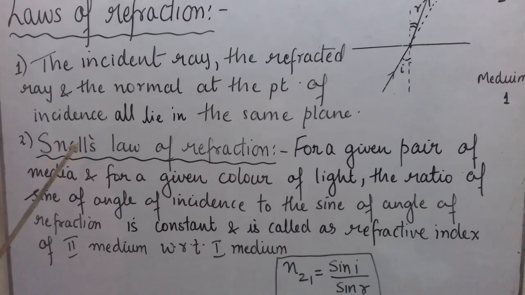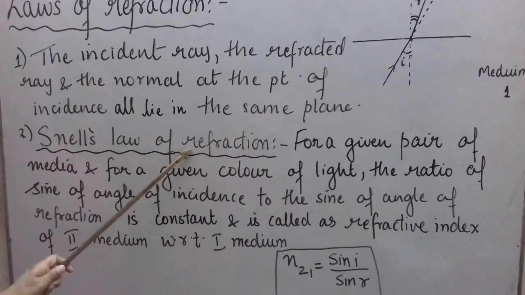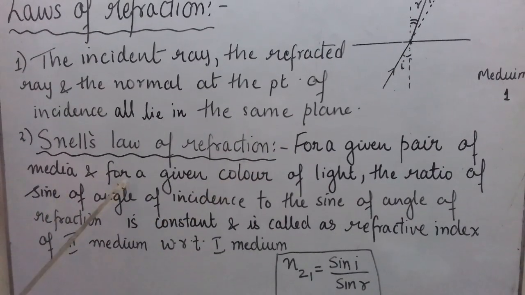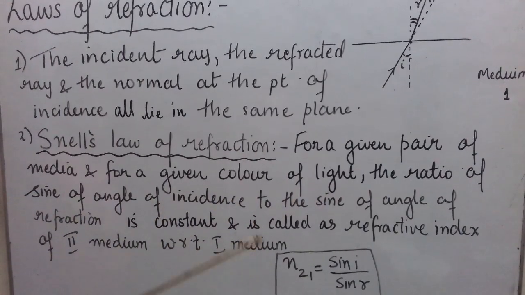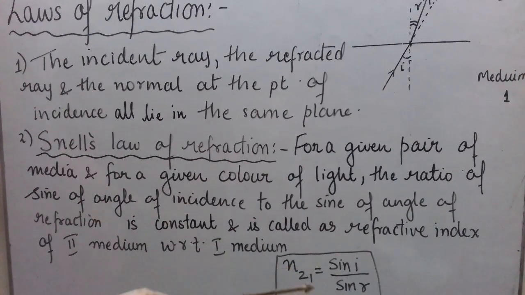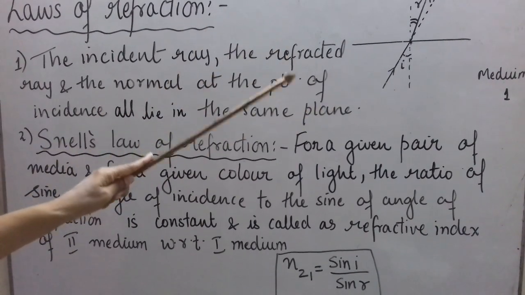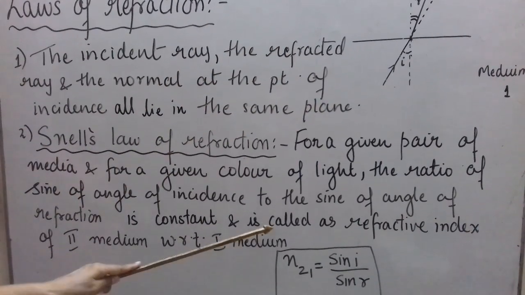So I'll repeat it. Snell's law of refraction states that for a given pair of media and for a given color of light, the ratio of sine of angle of incidence to the sine of angle of refraction is constant, and this ratio, which is constant for a given pair of media and for a given color of light, is called what?